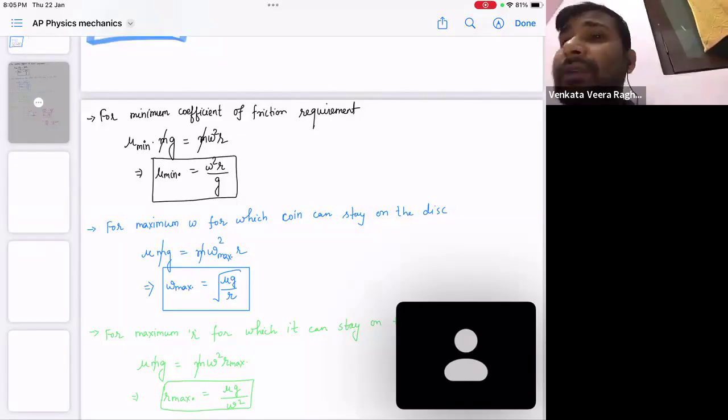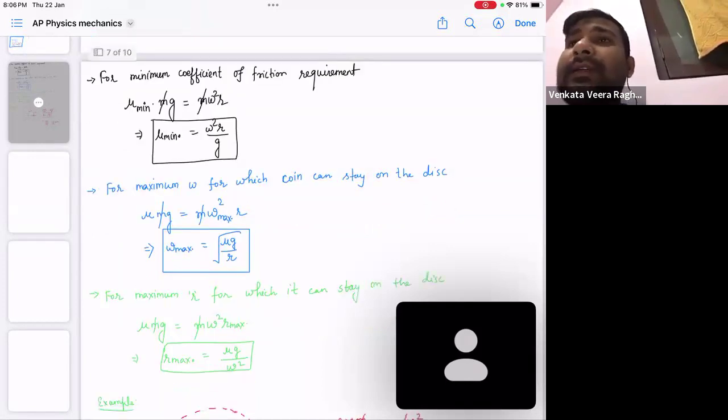Depending on how the object is connected and what forces are acting on it, we will calculate the net force acting on the particle and its component towards center.